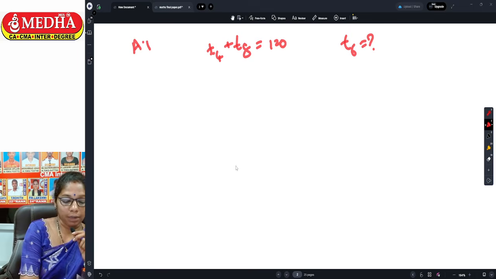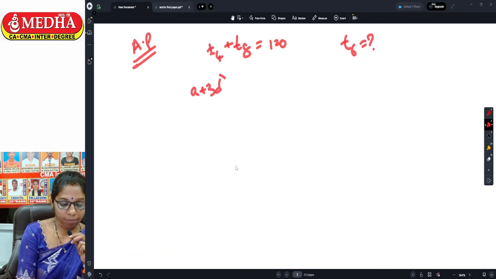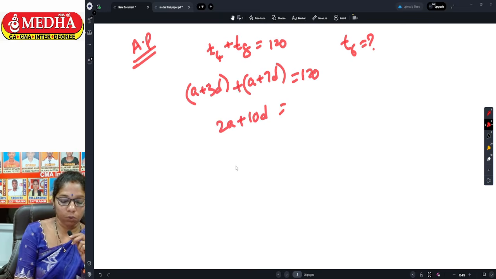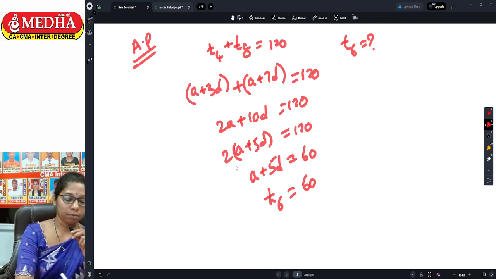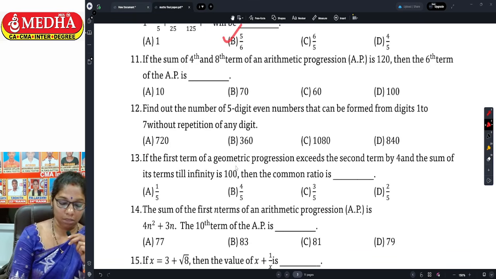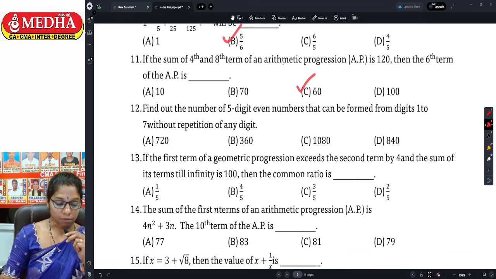This is an arithmetic progression, so the 4th term is a plus 3d and the 8th term is a plus 7d, which is equal to 120. 2a plus 10d is equal to 120, so 2 of (a plus 5d) is equal to 120. a plus 5d is equal to 60. a plus 5d is nothing but the 6th term. The 6th term of the AP is 60. This is option C. Next one.